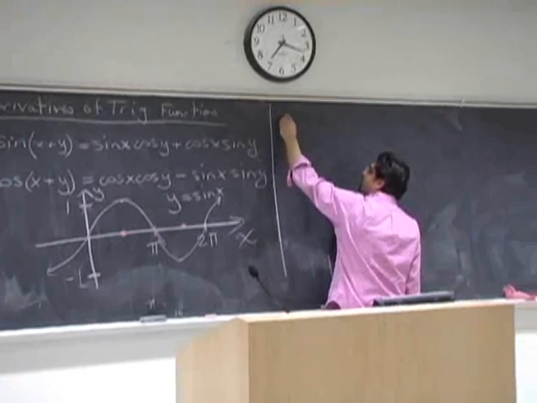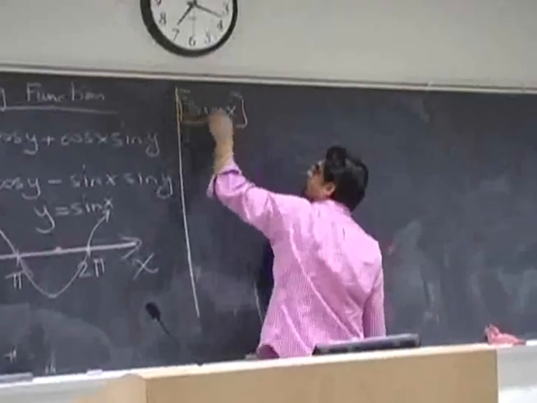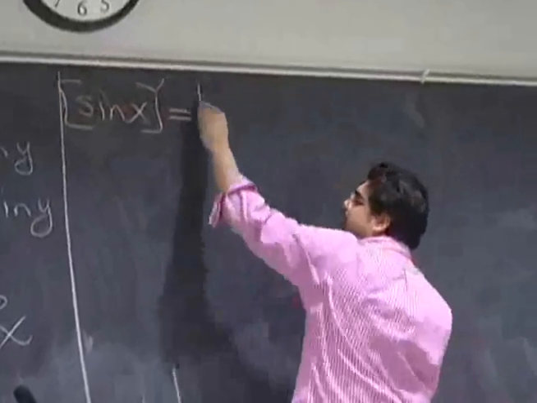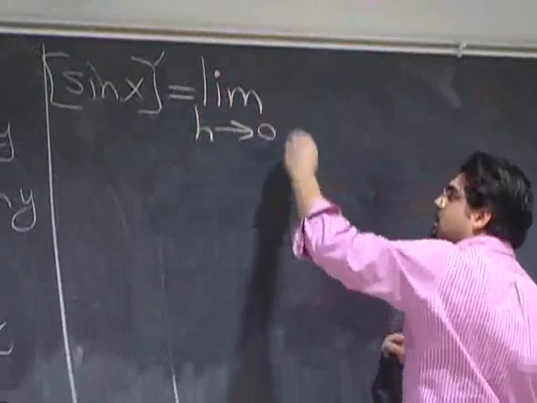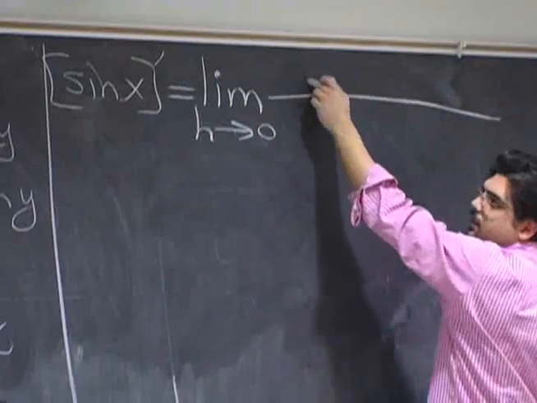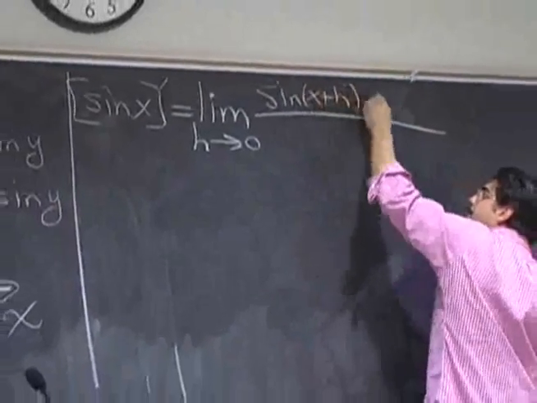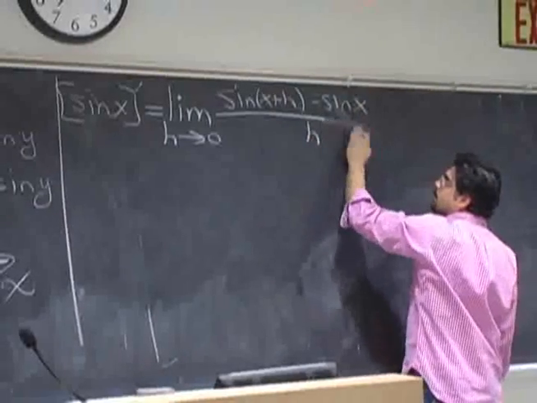So if I want the derivative of sine x, then I don't know anything but the definition. So I could say this is the limit as h goes to 0 of the difference in y, so sine of x plus h, minus sine of x over h. You remember that?